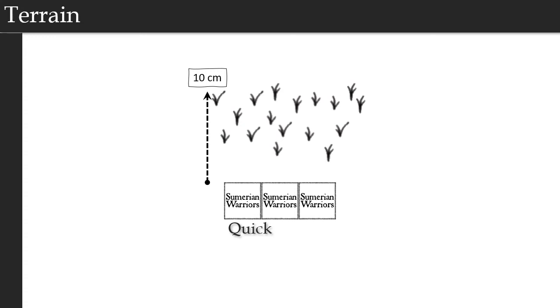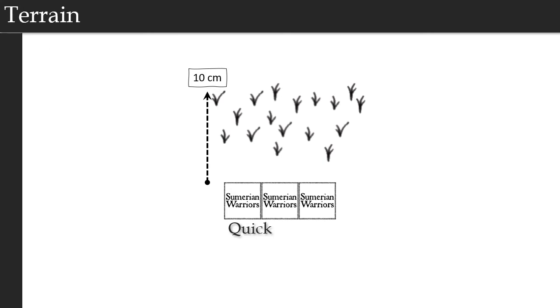Though as they move, they encounter this marshy ground again. So when they encounter that rough ground, their movement pace is immediately dropped to an ordinary pace. That means the most that unit can move this turn is their ordinary pace.